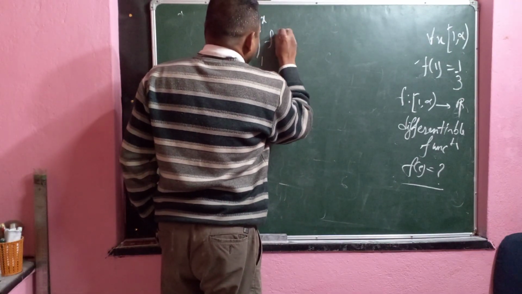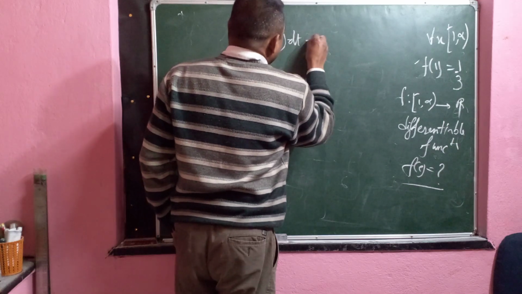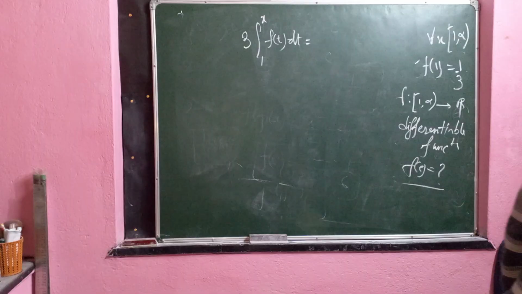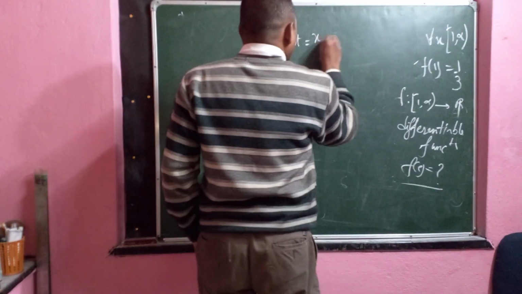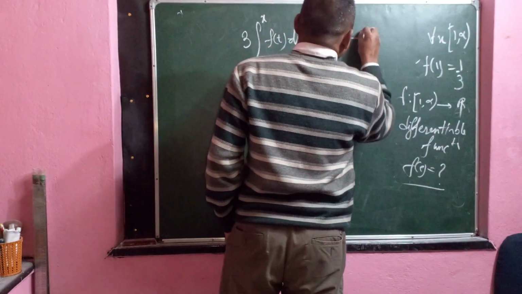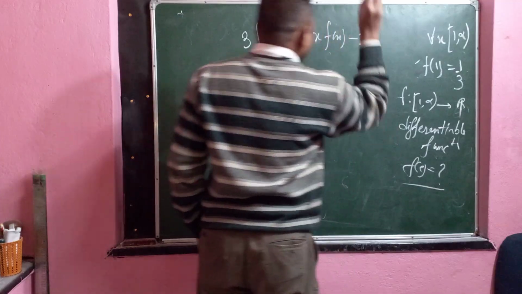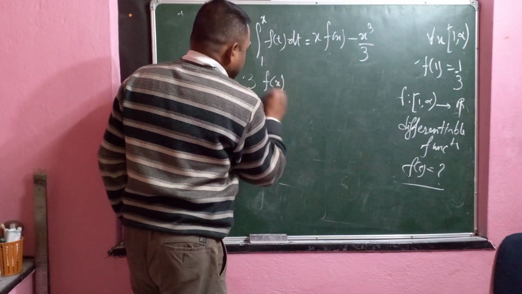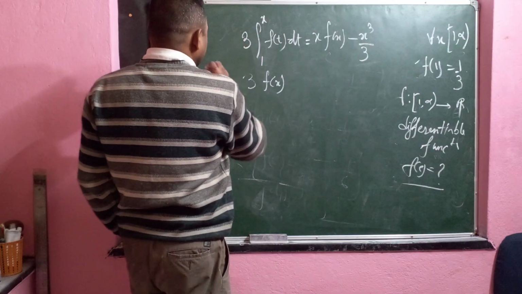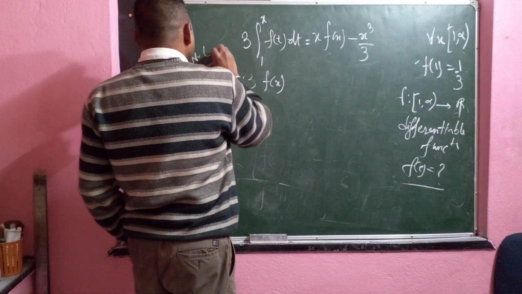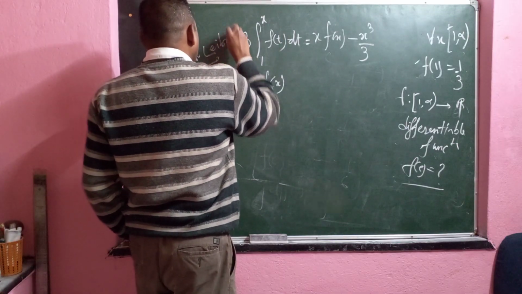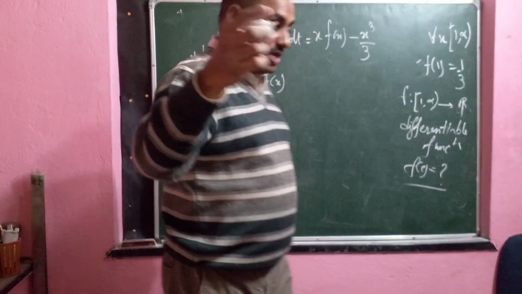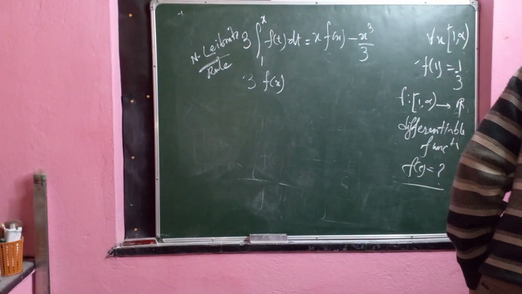This is the integral of f(t) dt equal to x cube by 3, with the same condition. Take the differentiation of fx using the Newton Leibniz rule, and there is a surprise at the end of the day.